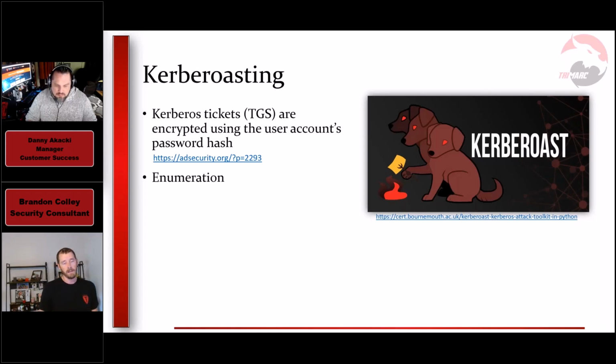And for any account that has an SPN, accounts need to request information about those SPNs, and that includes this Kerberos ticket. So basically, any user account in your domain can request this encrypted password hash for any account that has an SPN.